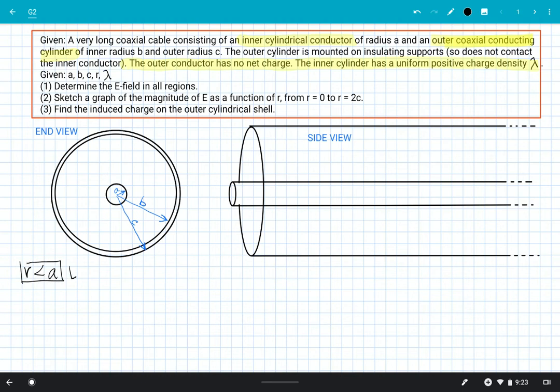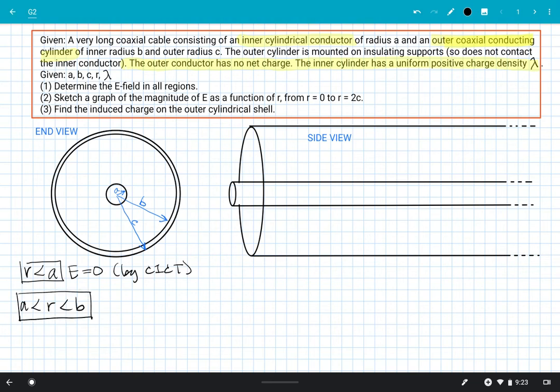So I know that there my E field equals 0, and that's by the charged isolated conductor theorem. Okay, you should be feeling fairly comfortable with that at this point. So the next region, a little more interesting anyway, is r between a and b. So let's look at that now.